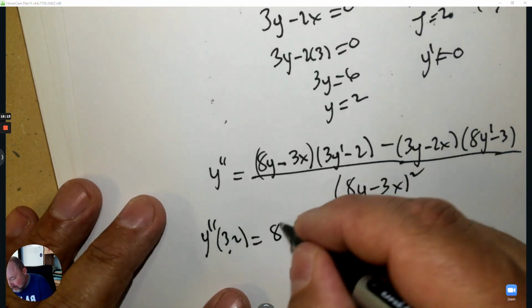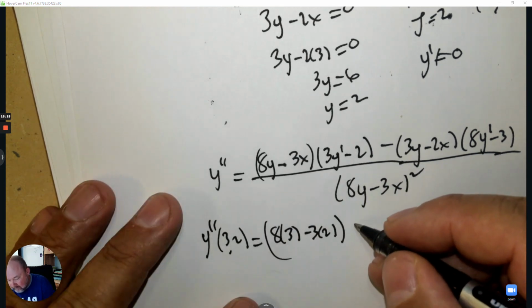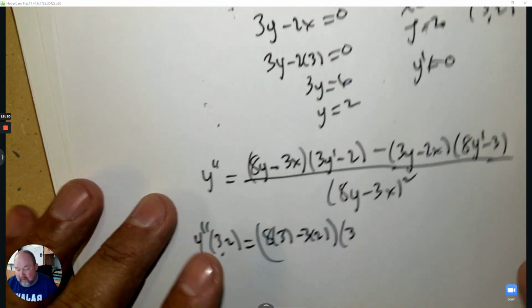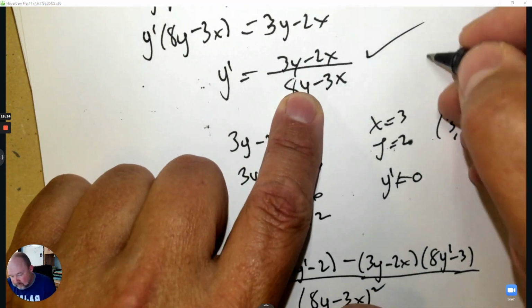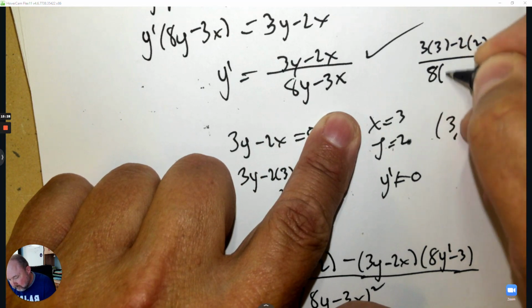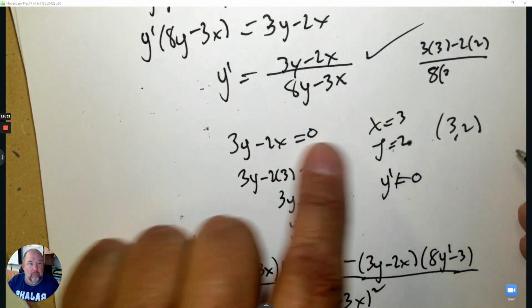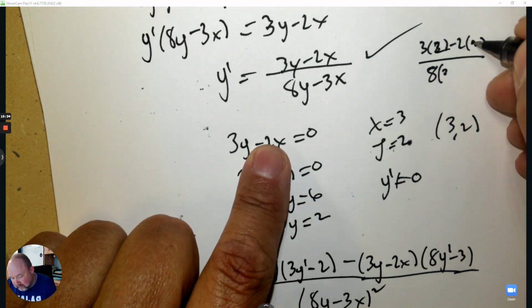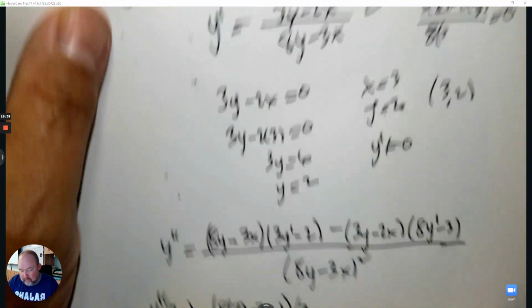So I'm going to plug in 3 and 2. Now for the derivative, I'm going to plug in 3 and 2 here. Oh, and if I plug in 3, 2, oops, it should be the other way, 2 this way and this way. The answer is 0, right? The whole point was the derivative is equal to 0.